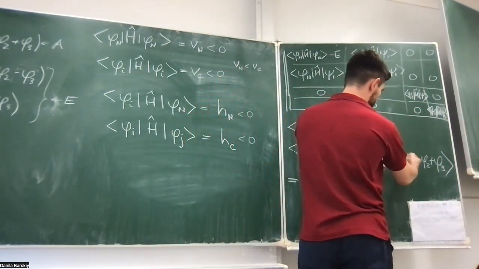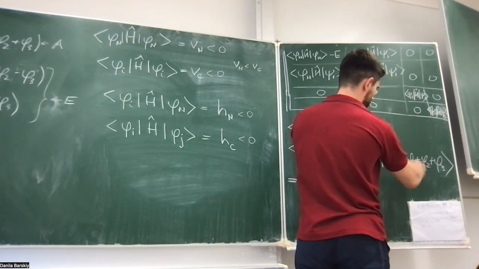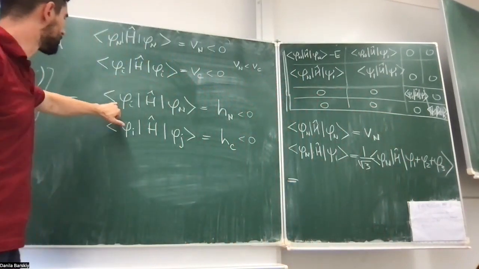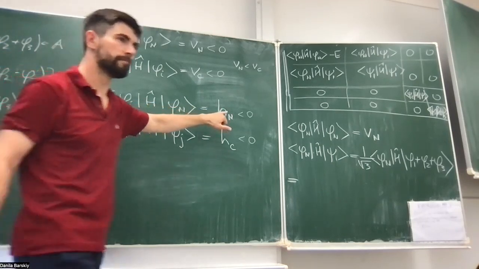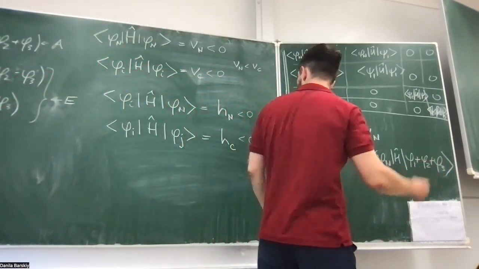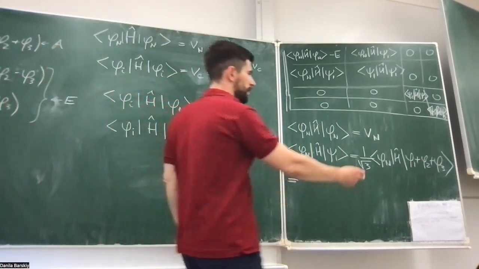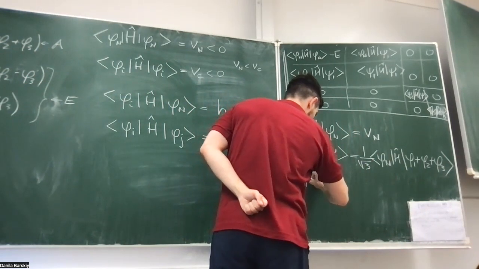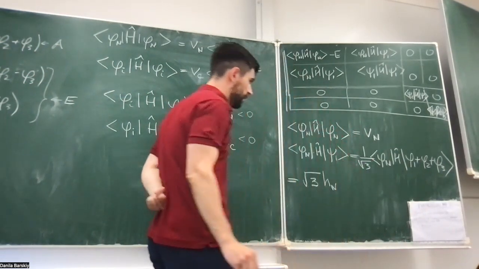Each of these combinations, phi n phi 1, phi n phi 2, they give this, right? We call it Hn, the interaction energy between nitrogen and carbon. And 3 of them divided by square root of 3, so it's a third of 3 Hn.